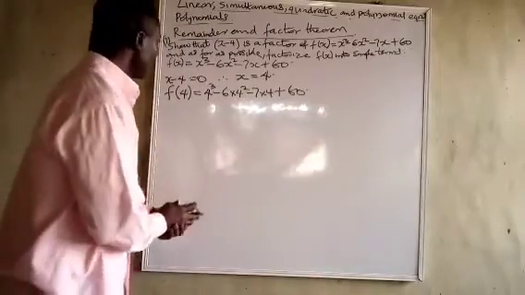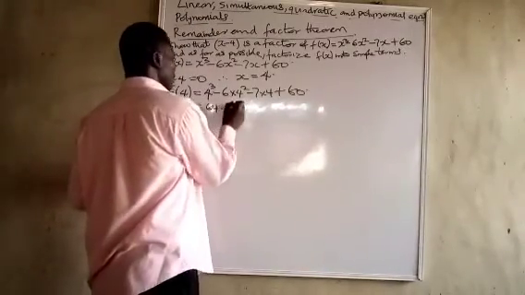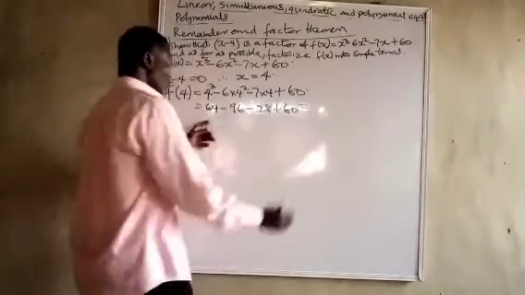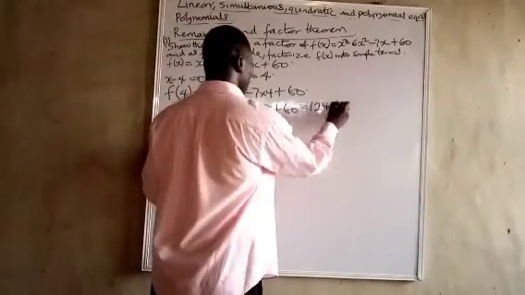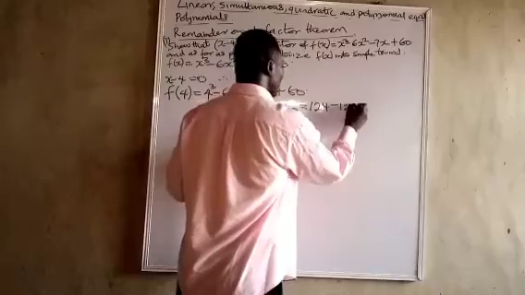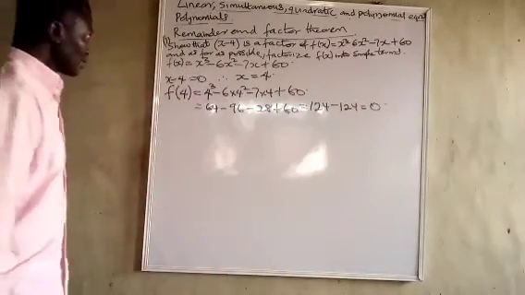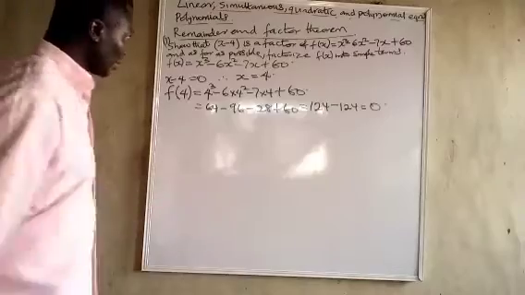And this gives me 64 minus 96 minus 28 plus 60, and this is 124 minus 124. So which means that x minus 4 is a factor. We have shown that. Now, we are asked to factorize as far as possible.